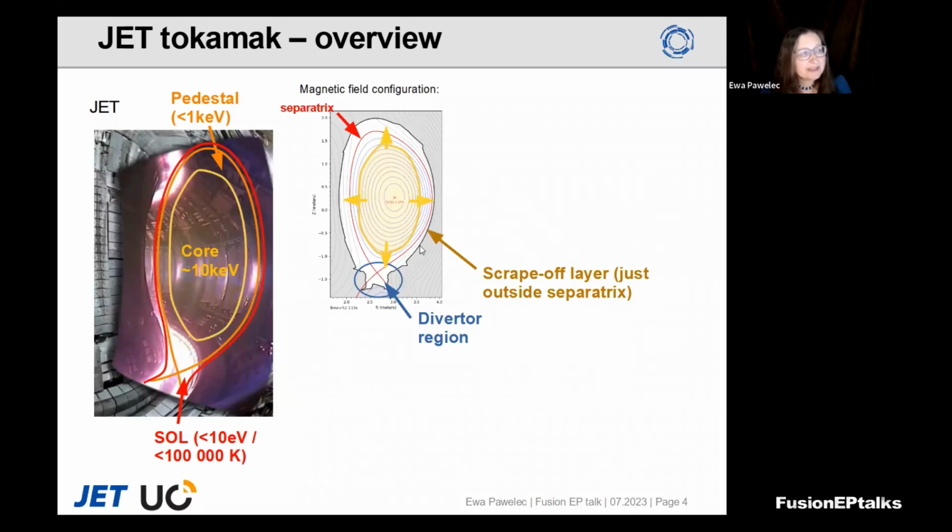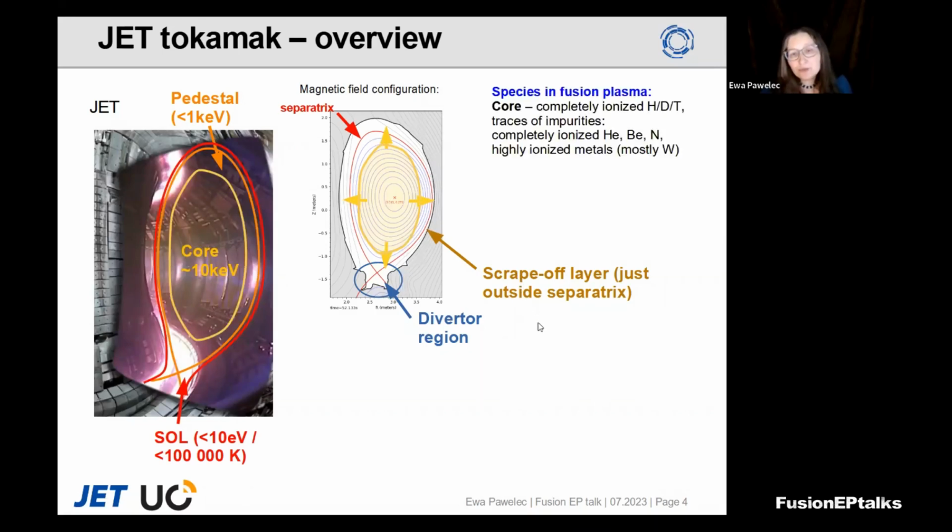The separatrix is the last closed magnetic surface, and what is important in the molecular spectroscopy happens outside of that, because we have the ions escaping the core, escaping the pedestal and encountering the regions where the temperature is much, much lower.